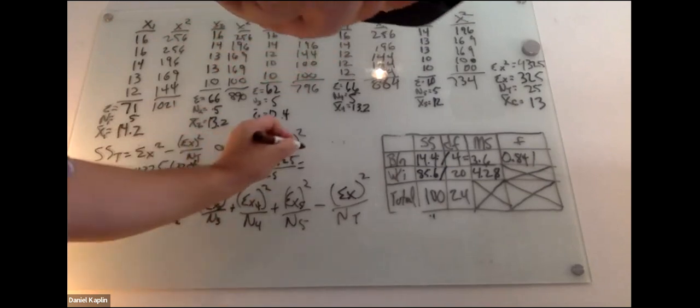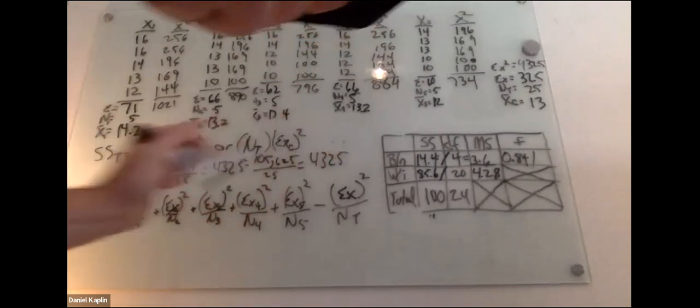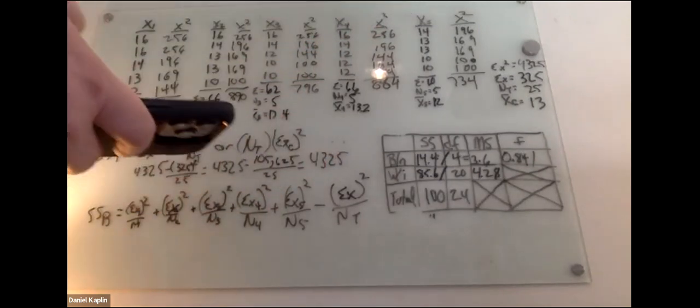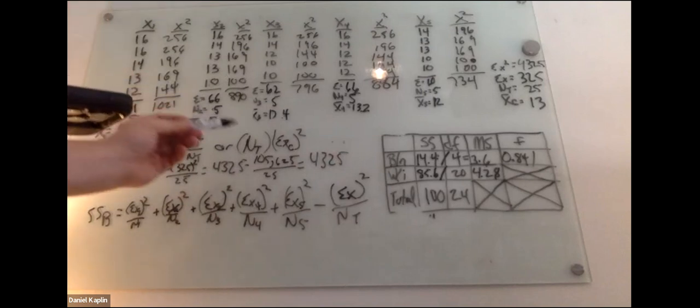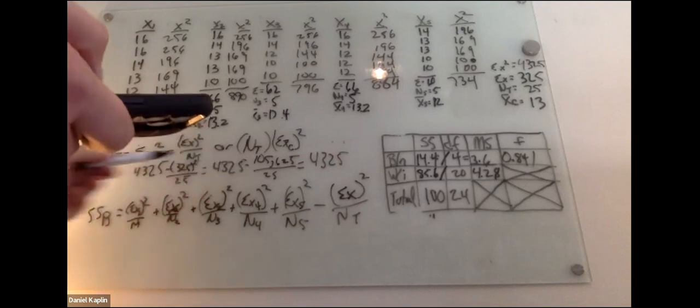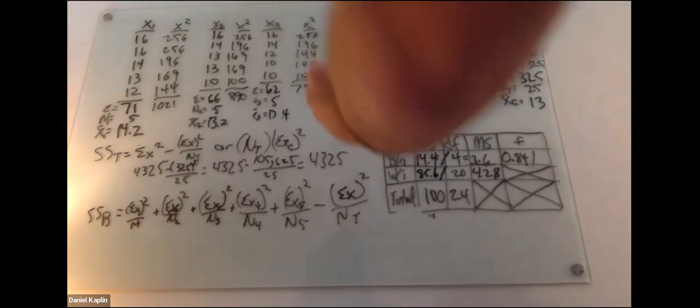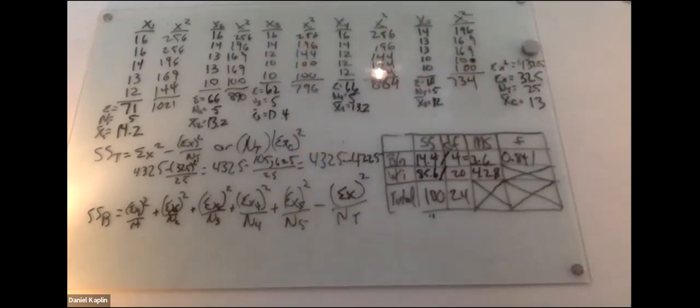Now, at this point, we can do 4325. And now let's do this last part. 105,625 divided by 25. We get 4325 minus 4225.